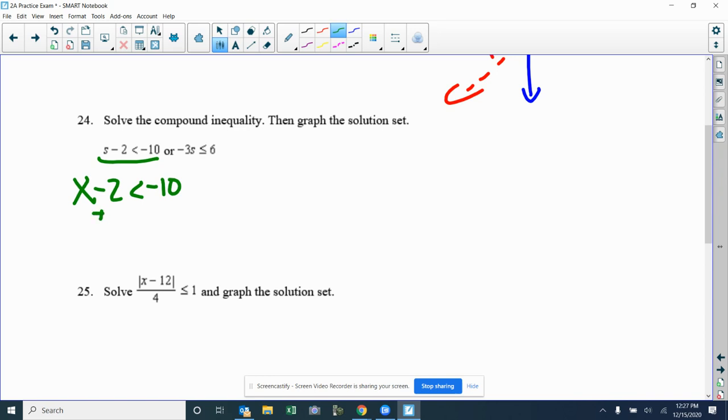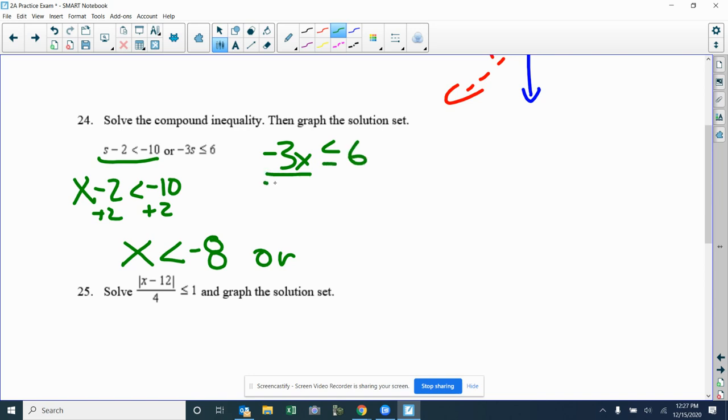I'm going to plus 2, so I'm going to get x less than negative 8. Or negative 3x less than or equal to 6, divide by negative 3. Now we're going to end up with x. Remember, we divided by negative, so what? Got to switch that guy.